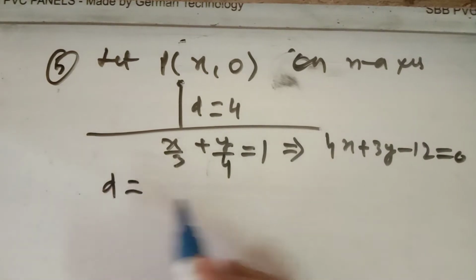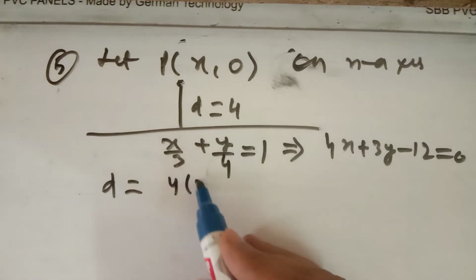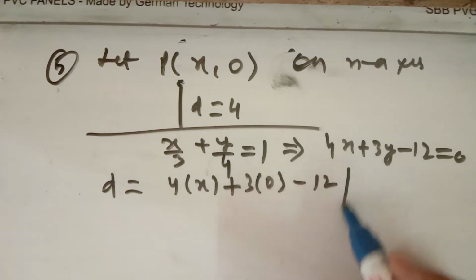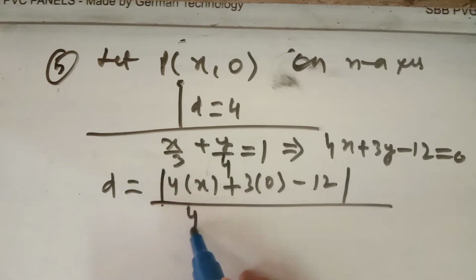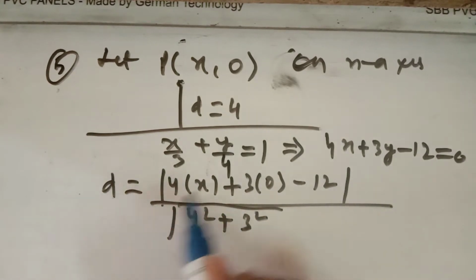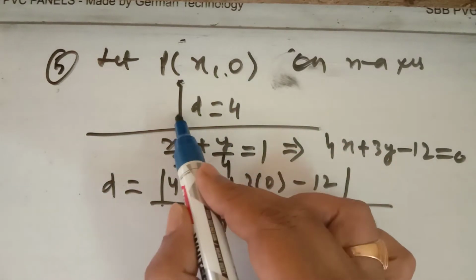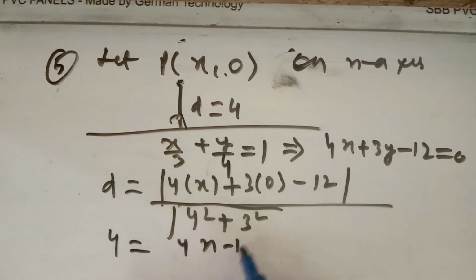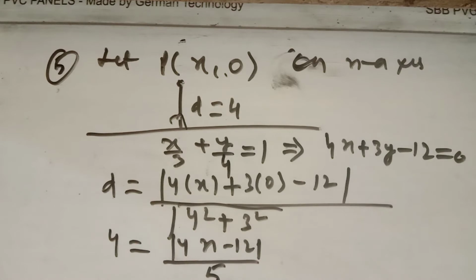So the distance of the point from the given line is the modulus of a times x1 plus b times y1 plus c, upon the square root of a square plus b square. This distance is given as 4. So the modulus of 4x - 12 upon the square root, which is 5, equals 4.